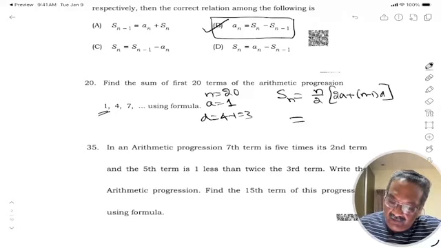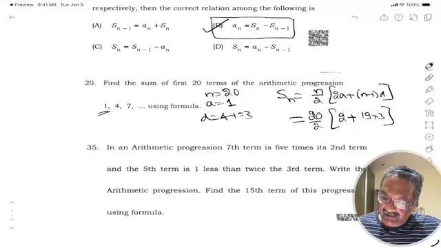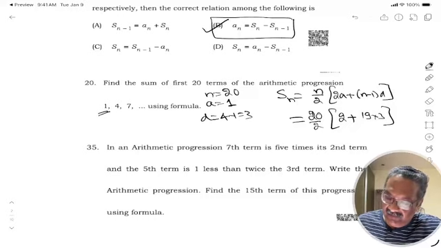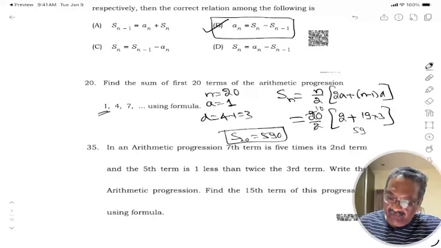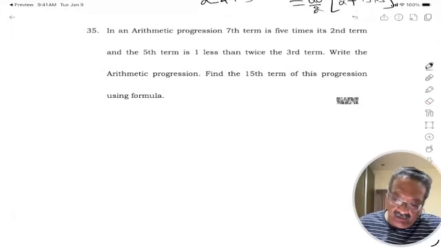So this is equal to 20 by 2 into 2 into 1 is 2 plus 19 into 3. 19 into 3 will be 20 into 3, 60, minus 3, so 57. 57 plus 2 is 59. 59 into 10 is 590. So S20 is 590. Okay, now let us come to the next question.